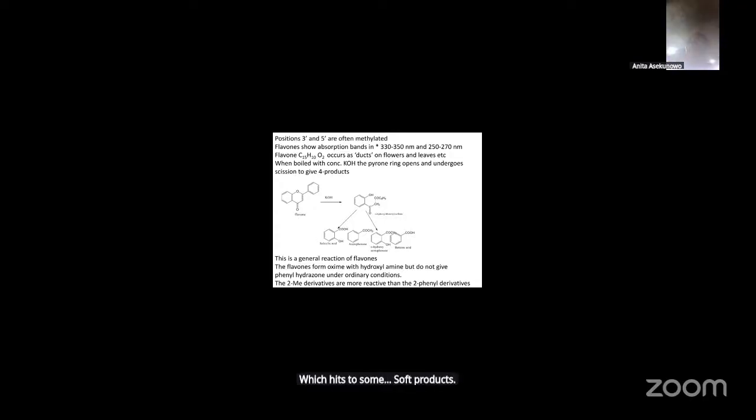Show a detailed equation for this reaction.